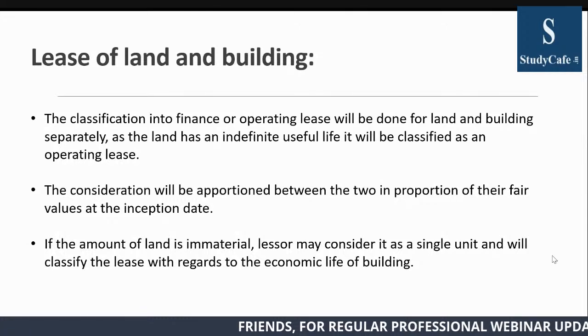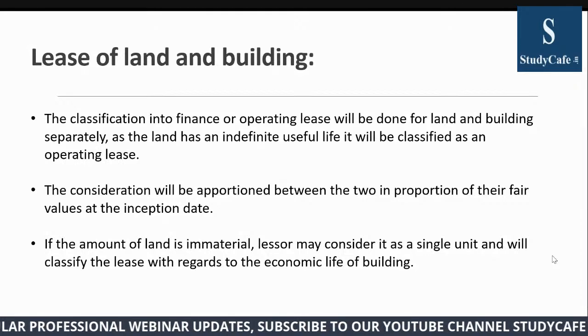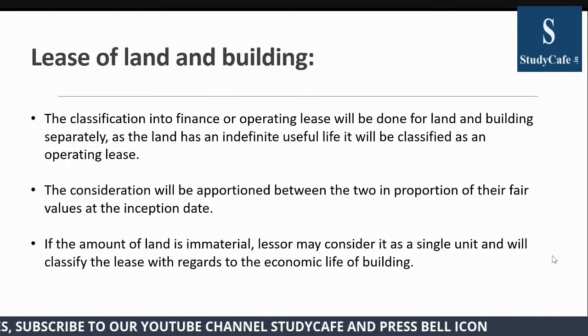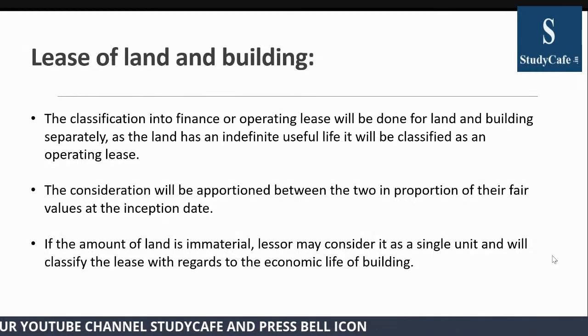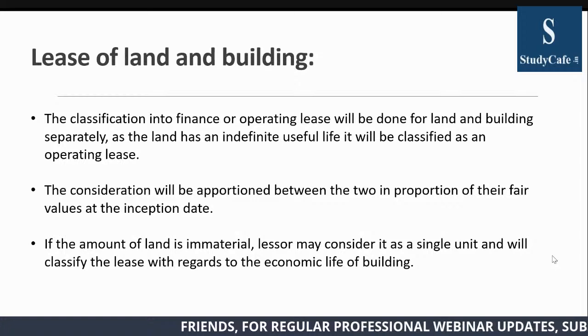But for the building, a proper assessment will be done whether it's a finance lease or an operating lease. Right. So I hope this is clear. But also, the standard states that if the amount of land is immaterial, then it may be considered as a single unit, and there is no need to separate the two components.